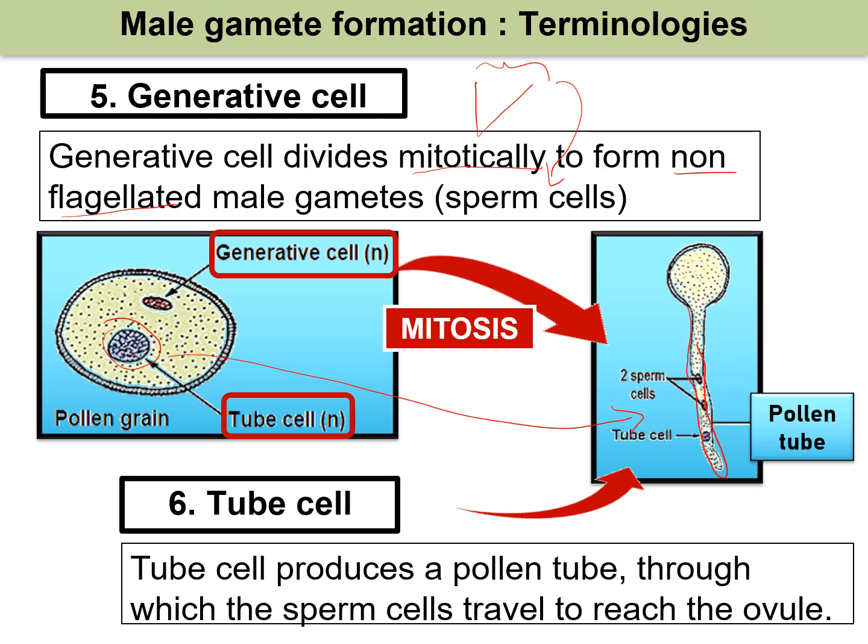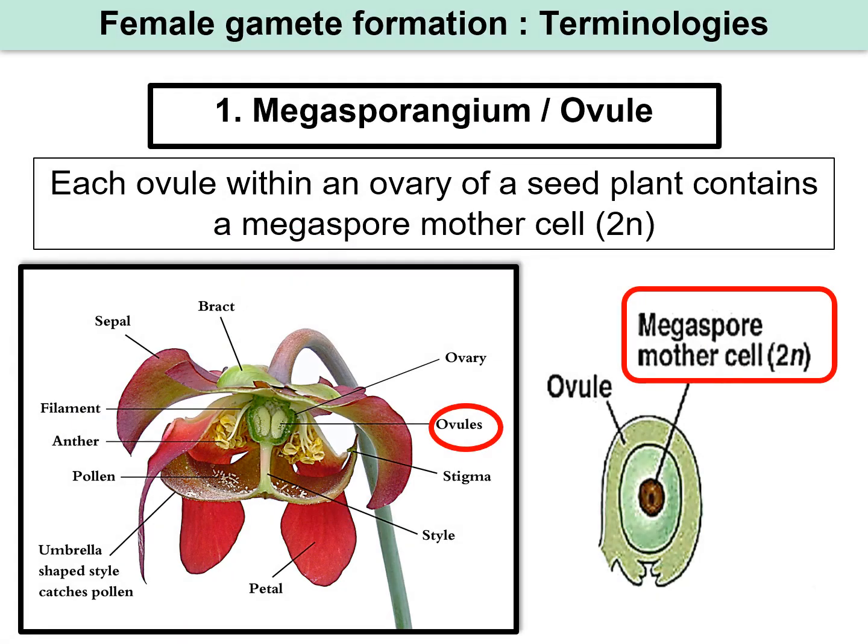The pollen tube is a very important structure that helps sperm to travel to reach the ovule. Ovule is the female reproductive part. Okay, now we have finished the male reproductive organ. We get into the female gamete formation, or female reproductive organs, in flowering plants.